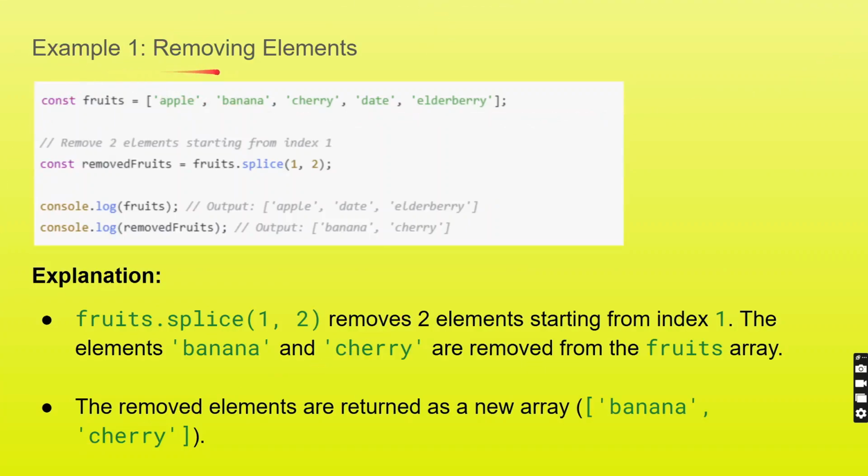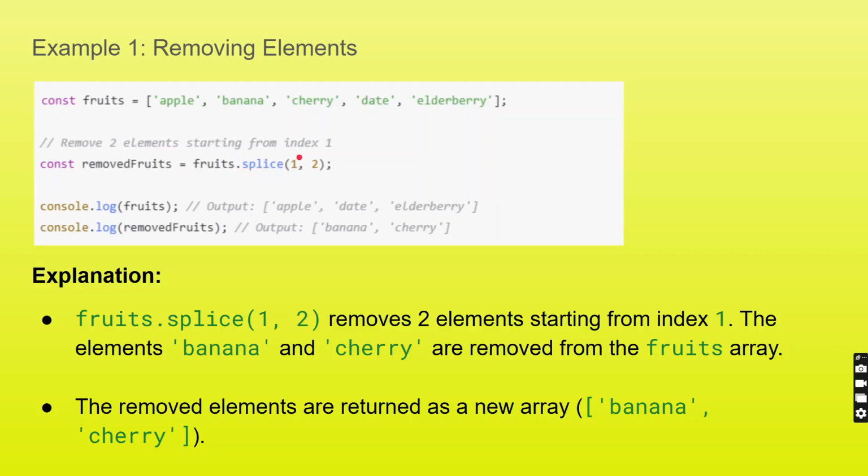Example 1, removing elements. So we have an array of strings: apple, banana, cherry, date and elderberry. In a variable named fruits, we call fruits.splice.